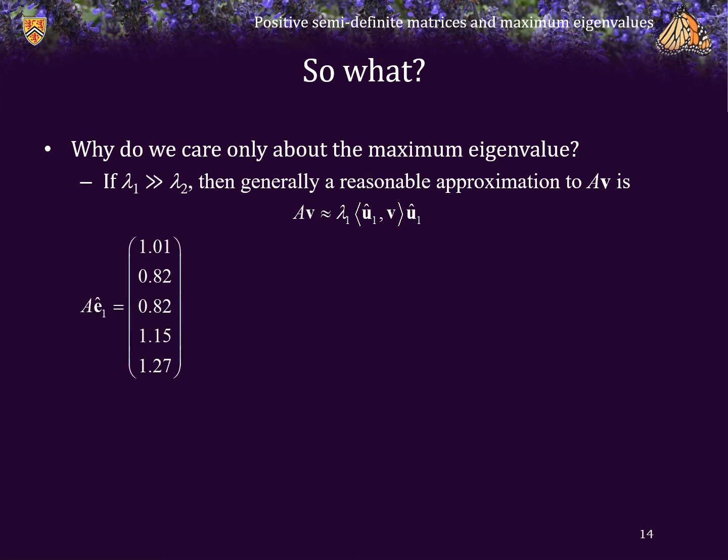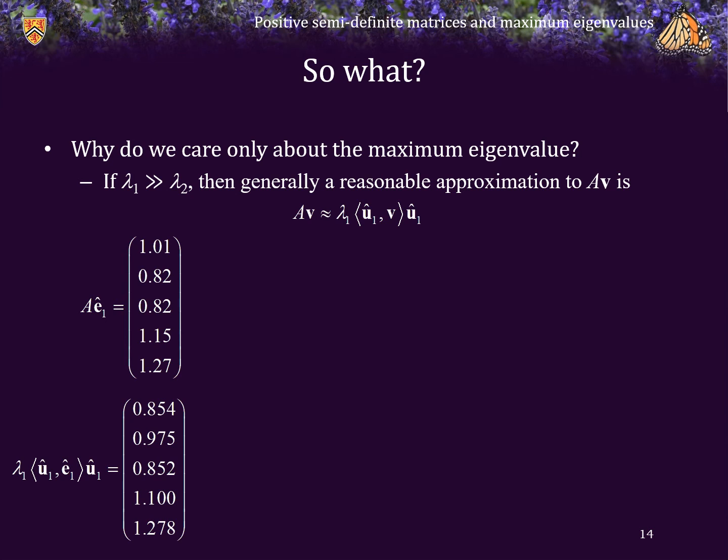For example, the matrix we saw previously, if we multiply it by the first canonical basis vector, gives us this result here. At the same time, if we calculate lambda1 times the projection of that first canonical basis vector onto that eigenvector, we get something that's actually not that bad an approximation.